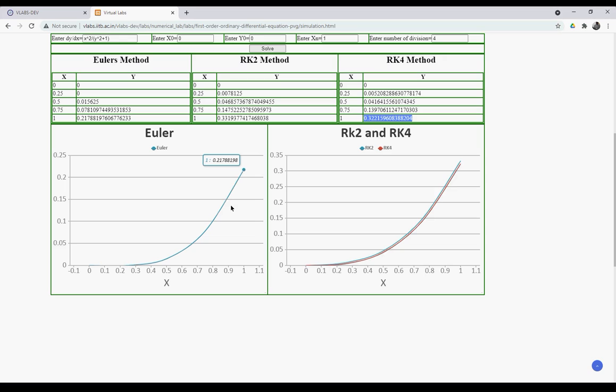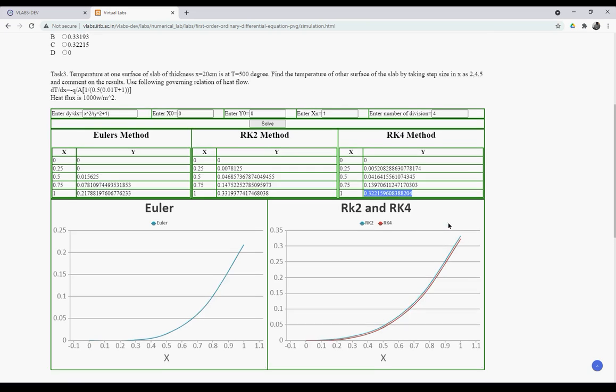Euler will have a sufficient amount of error for larger values of h, because we are neglecting a lot of terms in the Taylor series method. RK2 and RK4 will have a similar sort of accuracy. Naturally, RK4 will have better accuracy than RK2, that is the Runge-Kutta second order method and the Runge-Kutta fourth order method.